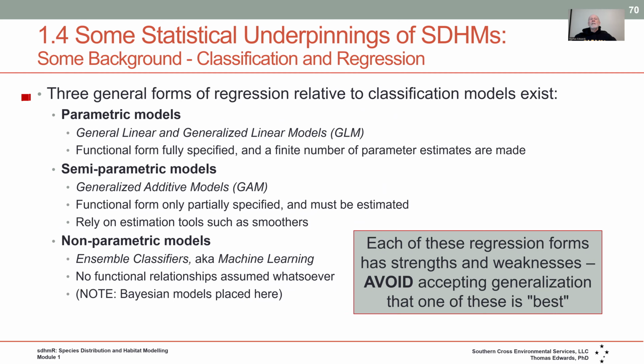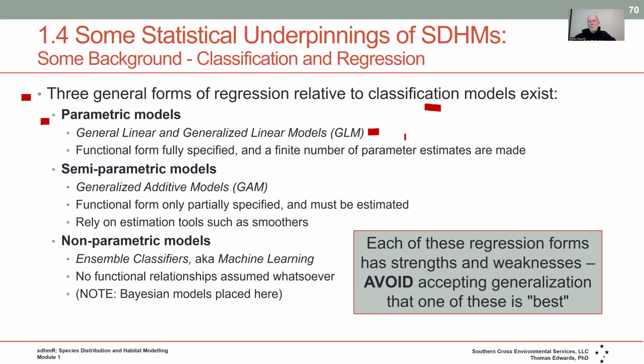Now, there are three general groupings of regression relative to classification models, and especially the classification models we use in a distribution model. The first of these are so-called fully parametric models.